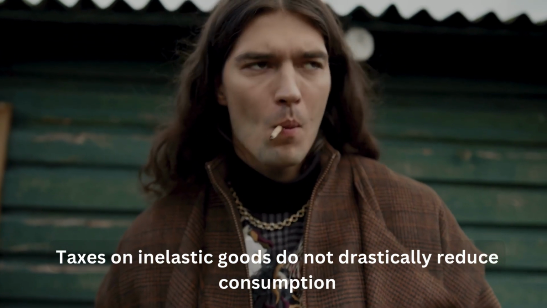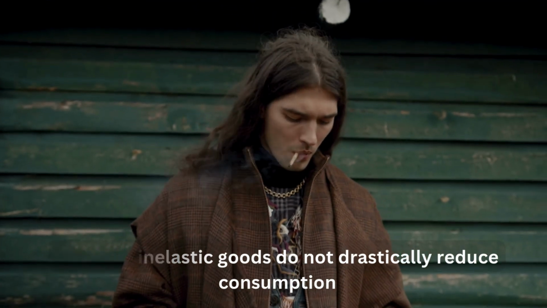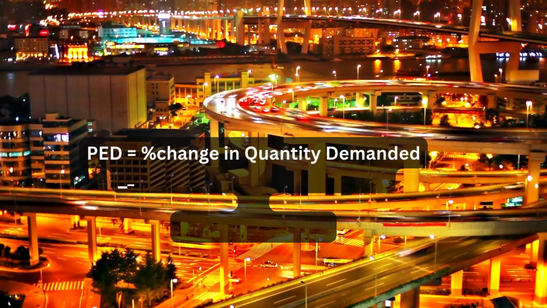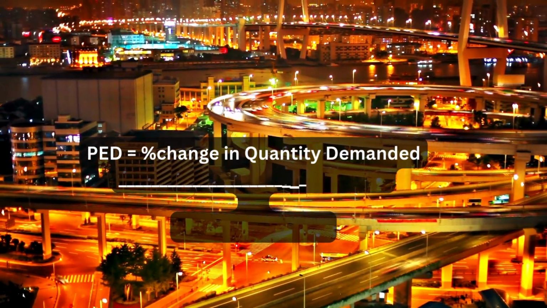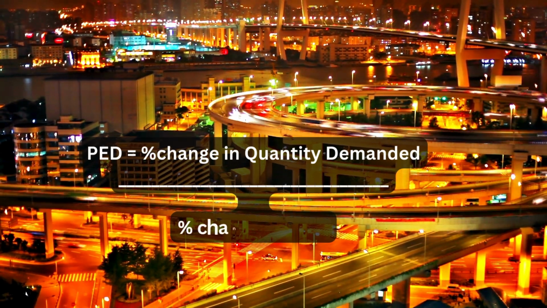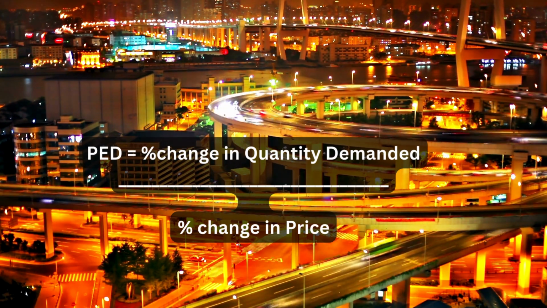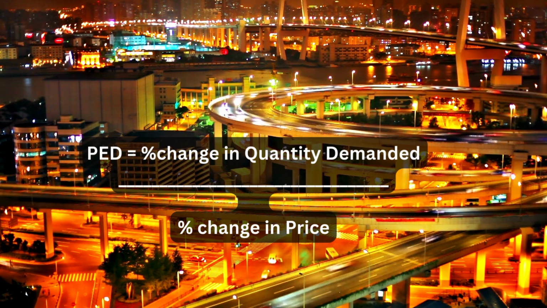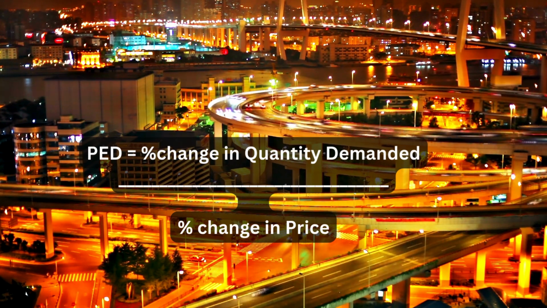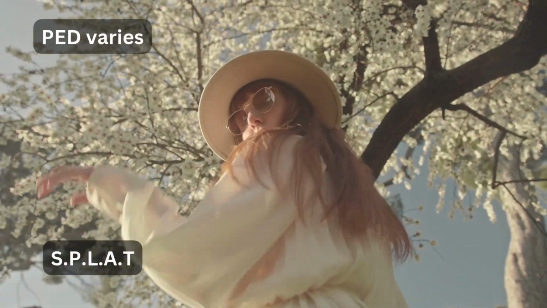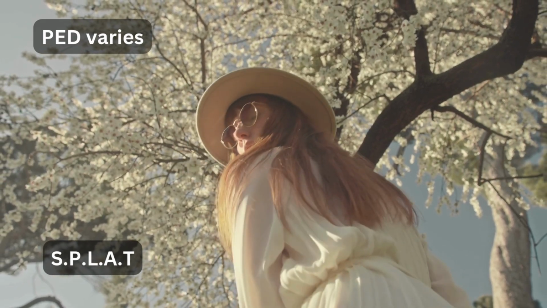In summary, price elasticity of demand is a key concept that measures how responsive consumers are to price changes. It's calculated by comparing the percentage change in quantity demanded with the percentage change in price. We explored how price elasticity of demand varies based on factors like substitutes, income, and whether the product is a necessity or luxury.